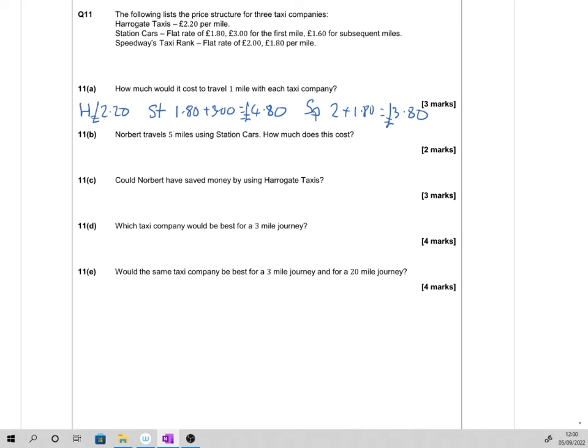Norbert travels 5 miles using Station. How much does this cost? So it's £1.80 plus £3 for the first mile plus 4 times 160 for the subsequent miles. Okay, so I'm going to go backwards. I'm going to do 4 times £1.60, which equals £6.40, plus £3 plus £1.80, which is £11.20.